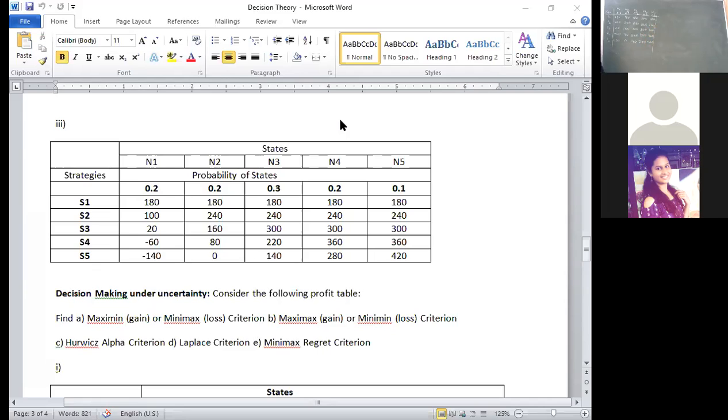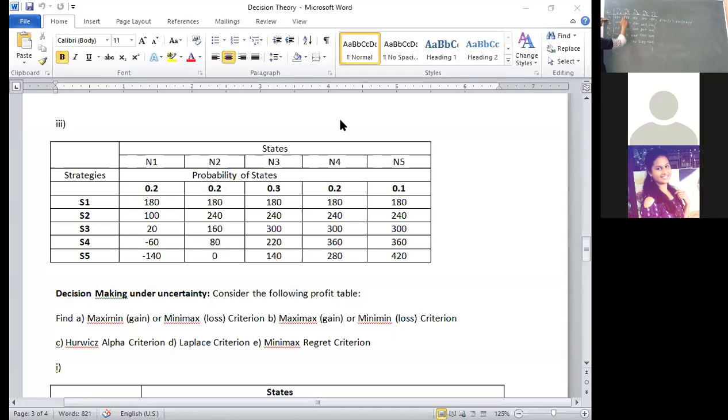Okay, here, expected monetary value for strategy S1. Who were absent, just listen. We have to calculate this. The formula is S1N1, that is 180, into the corresponding probability, that is 0.2, plus.